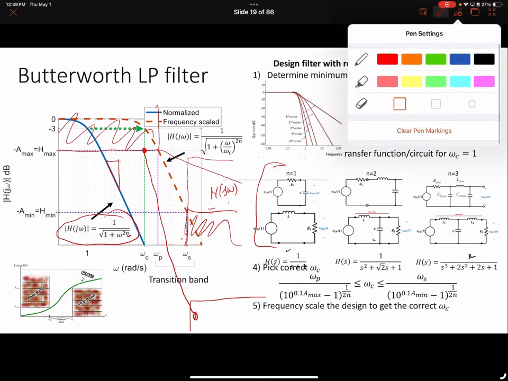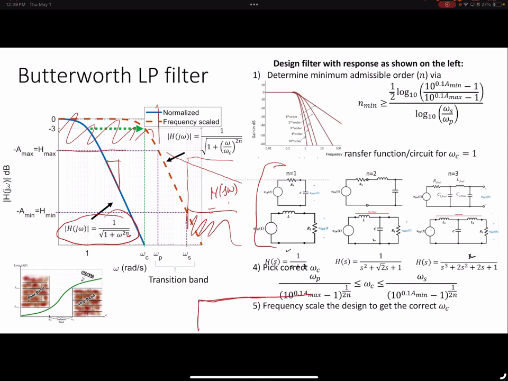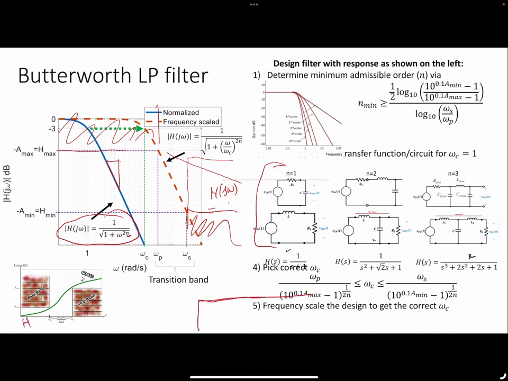Hold on. Okay. So if my stop band was down here, somewhere like really my H min, or A min, was way down here, I would have to go from here, which is where my passband ends, all the way down here in this transition region very rapidly. And so I would need a much bigger slope, which translates to a higher order.